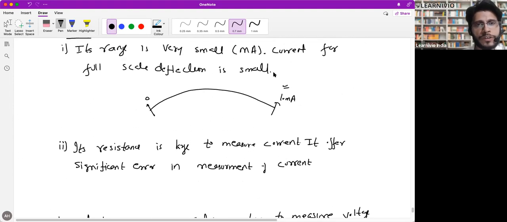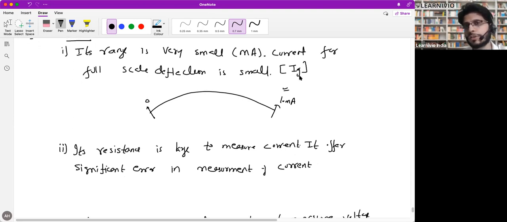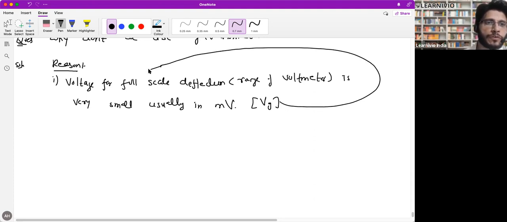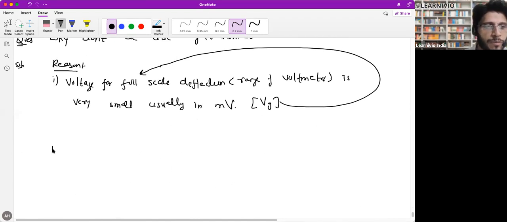Current for full scale deflection is represented by Ig. Voltage for full scale deflection is represented by Vg. The second problem is the resistance of galvanometer is small for the measurement of voltage. For voltage measurement, we need devices with huge resistance.